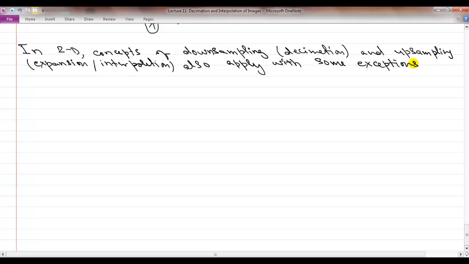You have more than one way of, for example, doing downsampling. I'll just give you an example, although I won't talk about those cases. I'll just talk about the canonical decimation that we do in 2D signals.